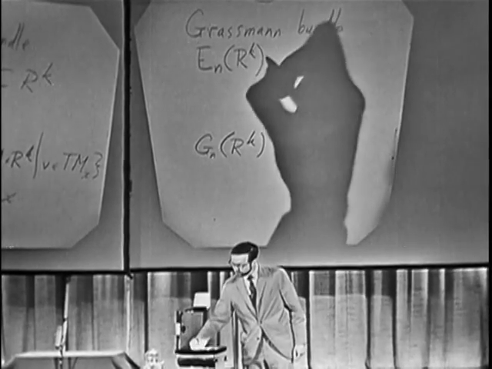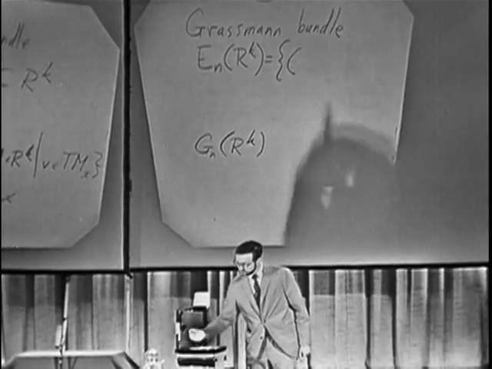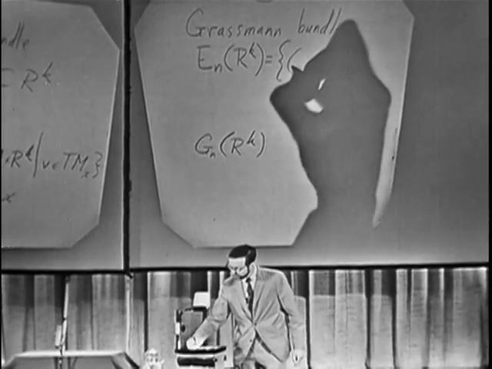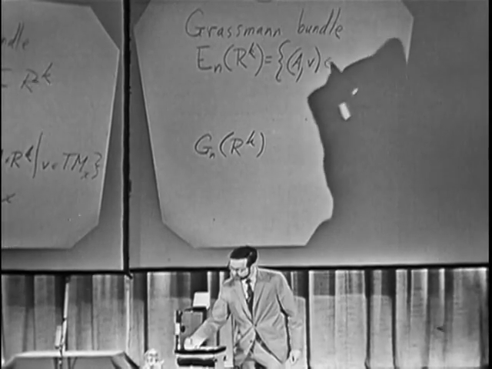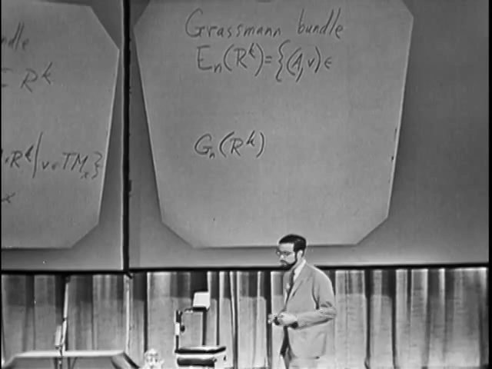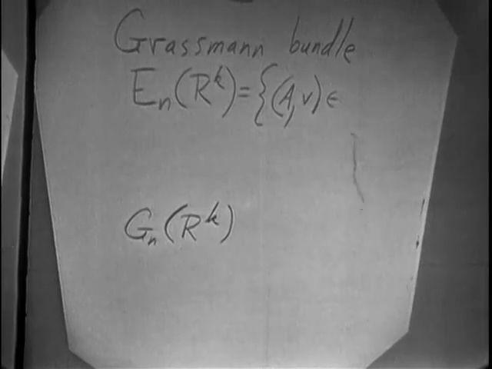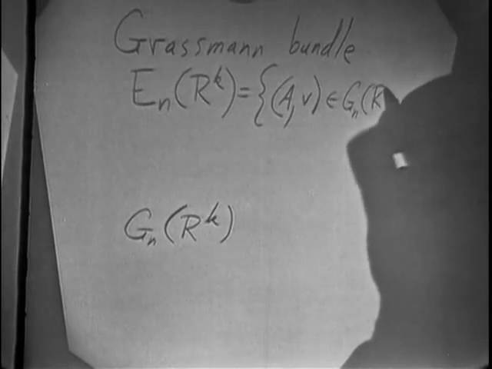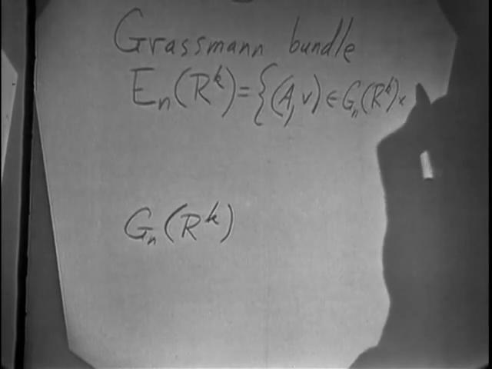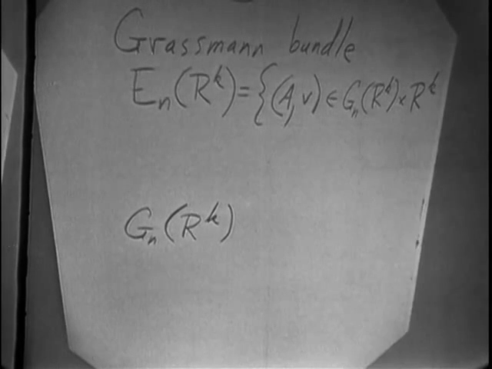It's the set of all pairs (A, V), where A is again a symmetric idempotent matrix with trace n. So A is an element of G_n(R^k), and V will be an element of R^k.